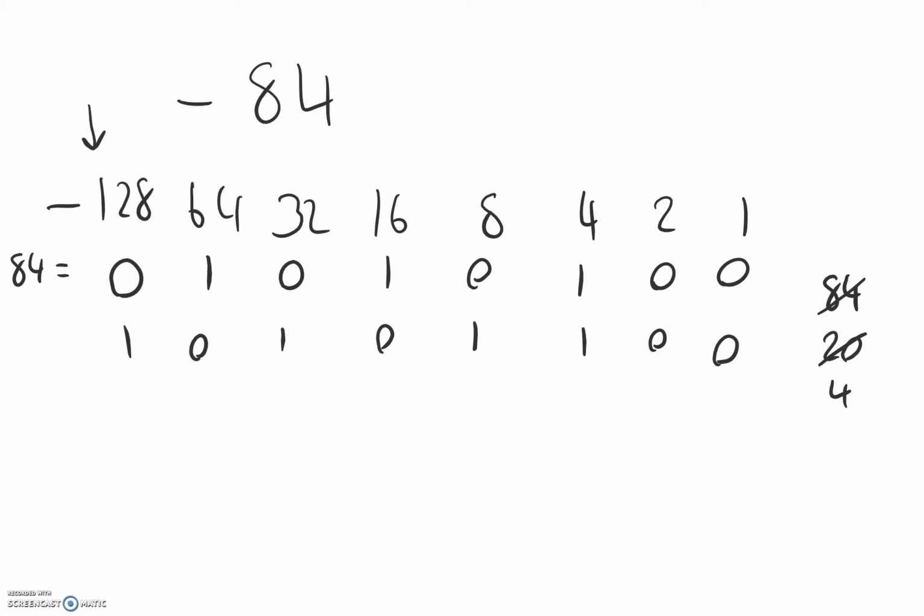Vice versa, 1 for 0, 0 for 1. If I was to try this on a calculator, minus 128 plus 32 plus 8 plus 4, so that's minus 128 plus 44 equals minus 84. So there is the 2's complement version, minus 84.